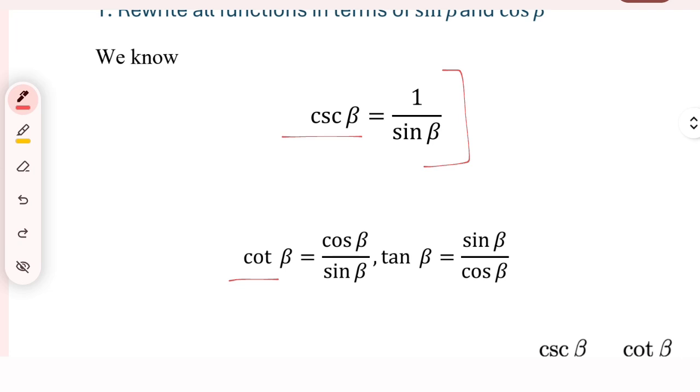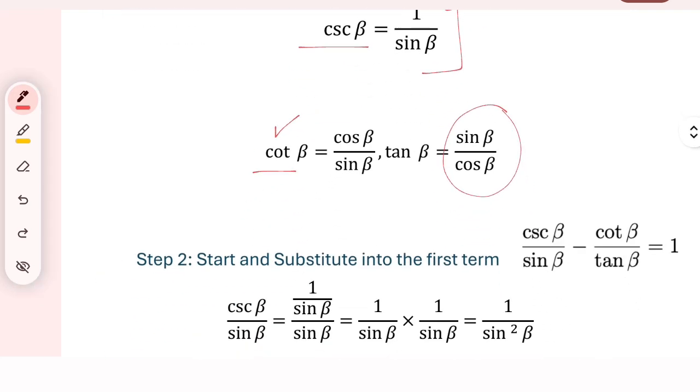So remember, we just need to convert the complicated functions into sine and cosine. Cosecant is now 1 over sine, cotangent is cosine over sine, and of course, we know the tangent is sine over cosine.